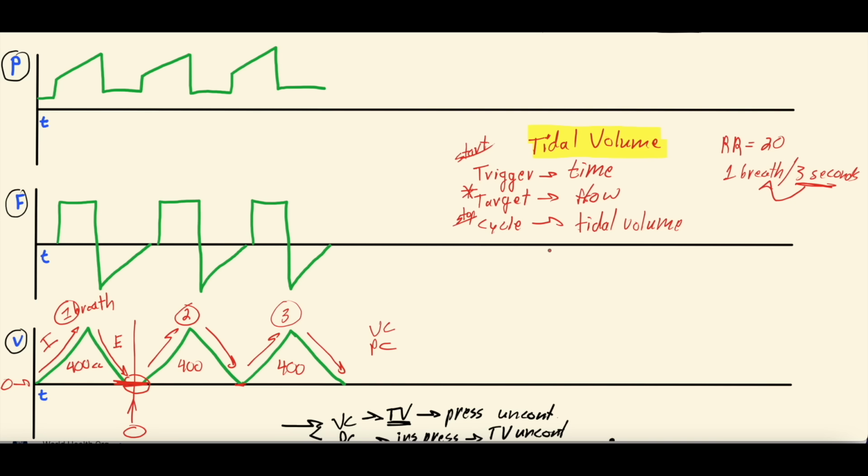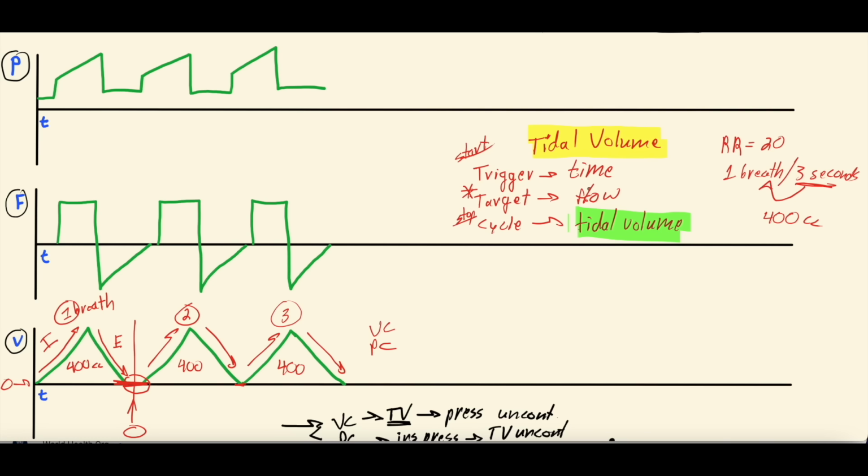If I said, give it a certain tidal volume, why wouldn't it just target the tidal volume? Well, it is in a way, but it's in an indirect way, because what causes the ventilator to stop a breath is the tidal volume. So if I tell the ventilator I want that person to get 400 cc's of air with each breath, the ventilator says, okay, I get that. I am going to target a flow. So flow is like cc's of air per unit of time.